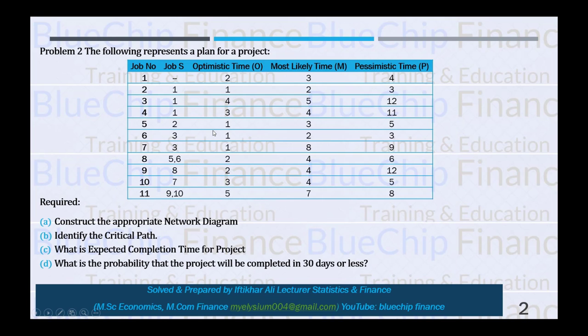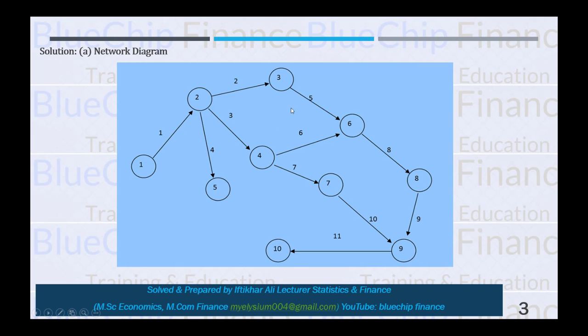After that the 5th job is starting where the second job is ending. So for the 5th job, as you are seeing here, the second job is ending here at node 3.